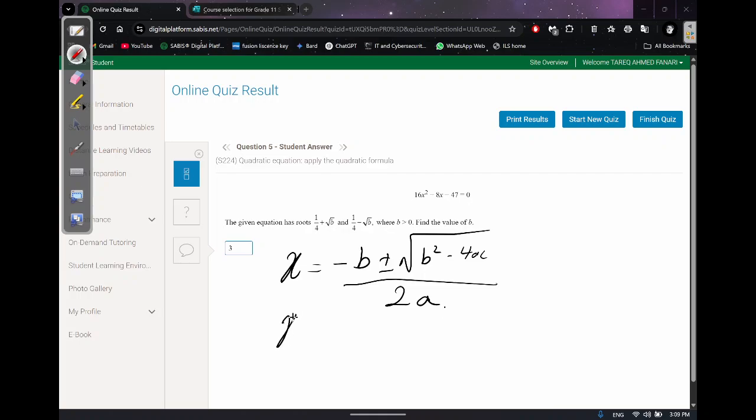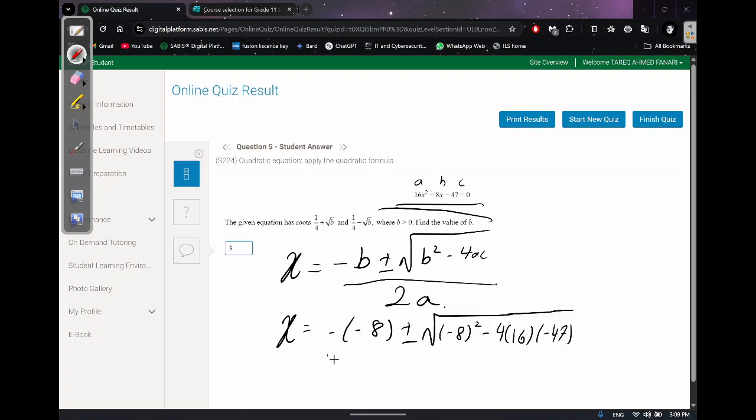So x is going to be equal to negative b. This is a, this is b, this is c. b is negative 8, right? So it's going to be negative of negative 8 plus or minus the radical of negative 8 squared minus 4 times 16 times negative 47. If you don't know where I'm getting these numbers from, they're all in the original equation they gave me. All over 2 times 16.